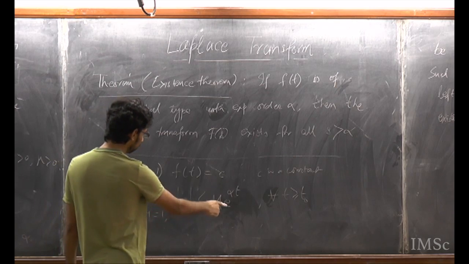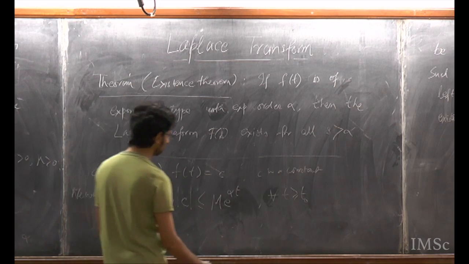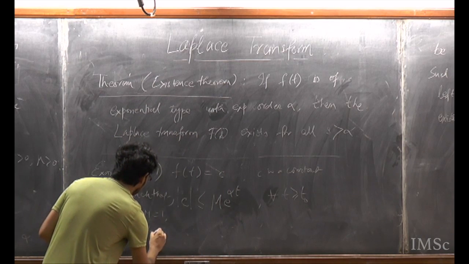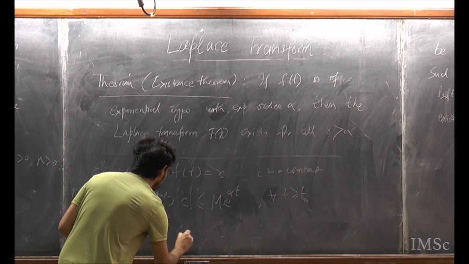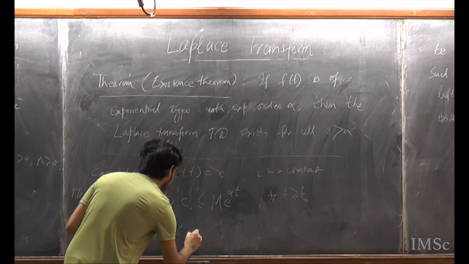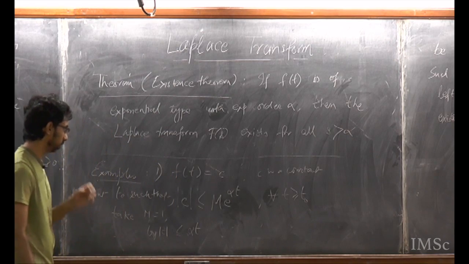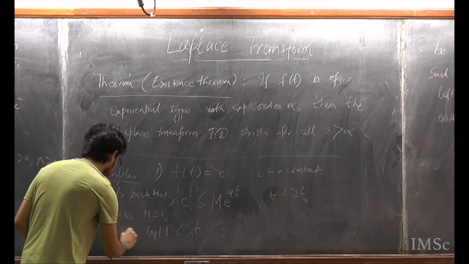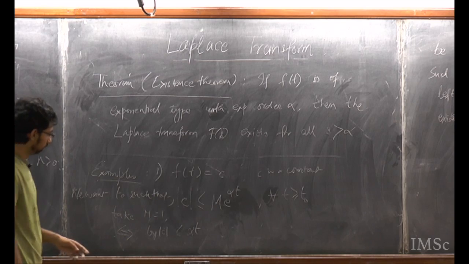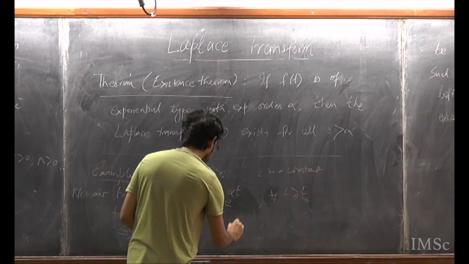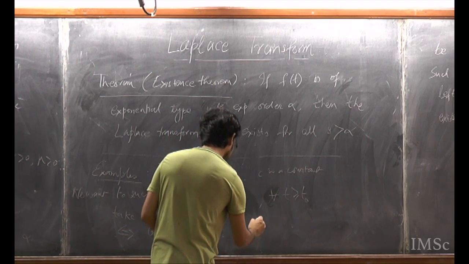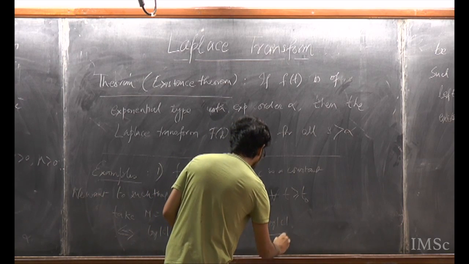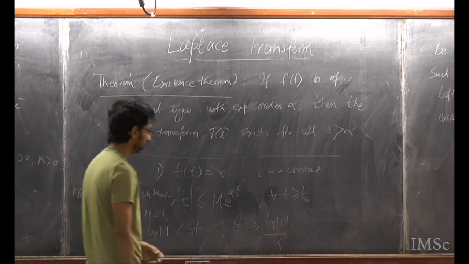If you take log on both sides, suppose that C is positive, so log |C| is less than or equal to alpha t. This is an equivalent condition. So if t is greater than or equal to log |C| over alpha, then you're done.